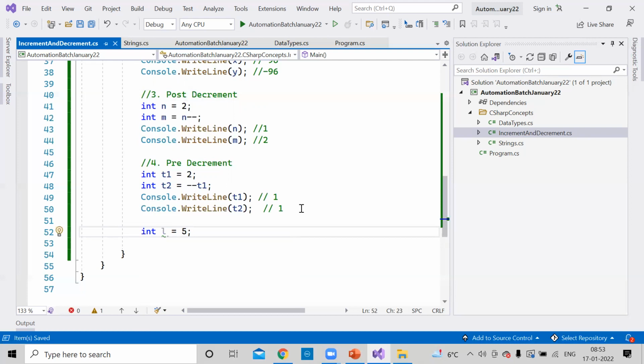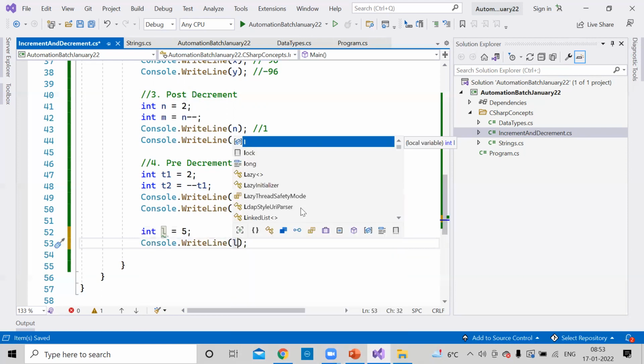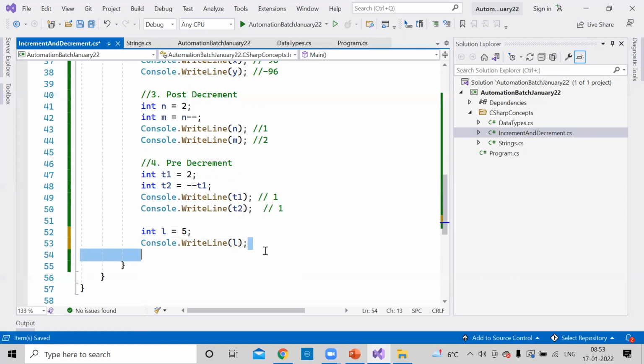If you would like to directly print over here, let us say cw, we want to print it like this, with plus plus.